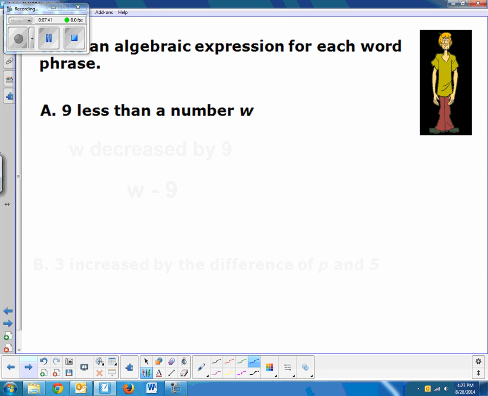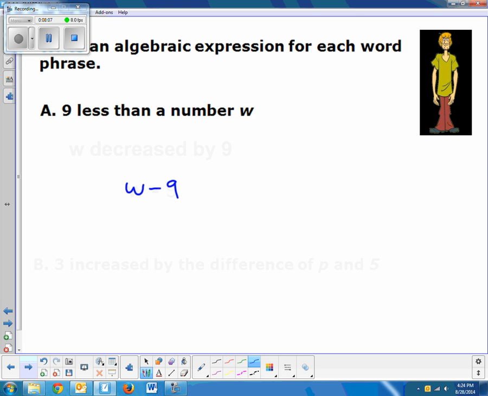Going back here, I've got 9 less than a number w. So I need to remember that 9 less than a number w is actually going to look like this, w minus 9, which again has math, it's got its own sentence structure. And that does make some sense if you think about it. 9 less than 20. Well, 9 less than 20 is going to be 11 because it's 9 less.